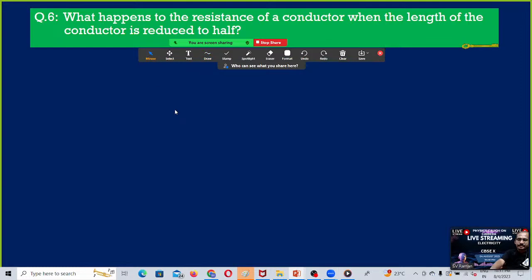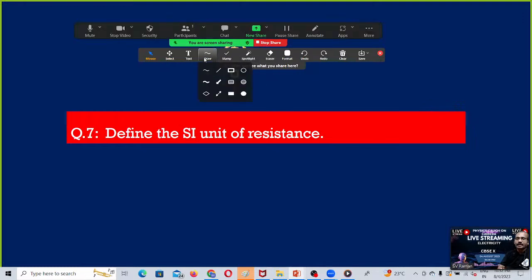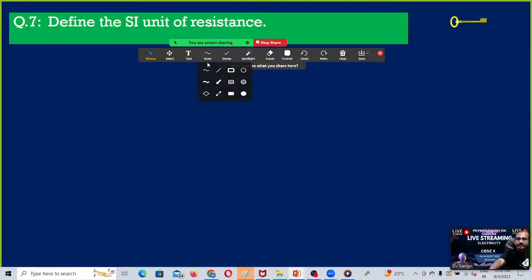Next question. Define the SI unit of resistance. Here the students have to understand that we need to define the SI unit of resistance. Some children just wrote ohms, but they did not define ohm. The question here is to define 1 ohm. Now how to answer this?